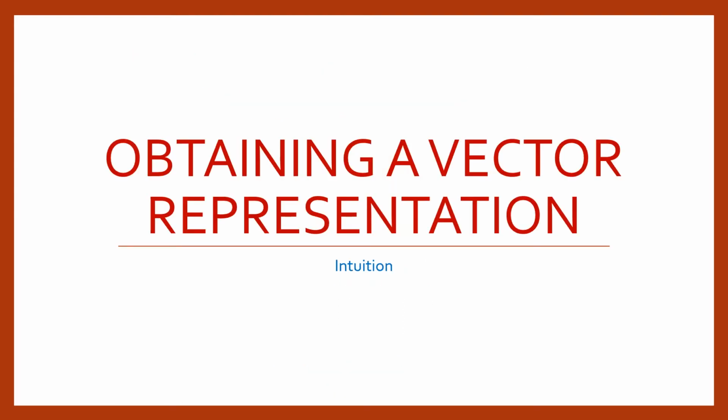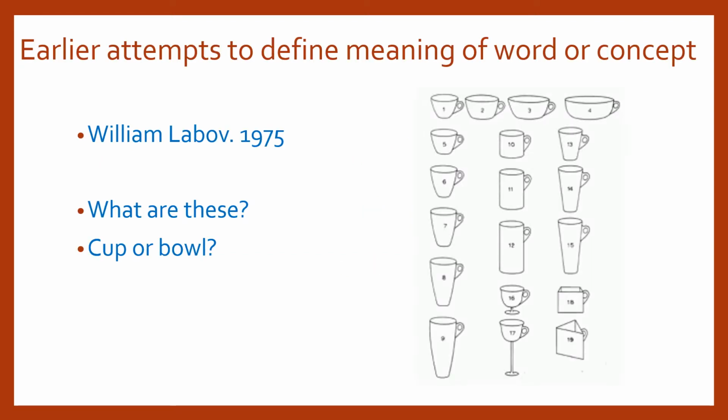So now let's discuss what should be the intuition behind obtaining a vector representation. The early attempts to define the meaning of a word or concept go back to around 1975.